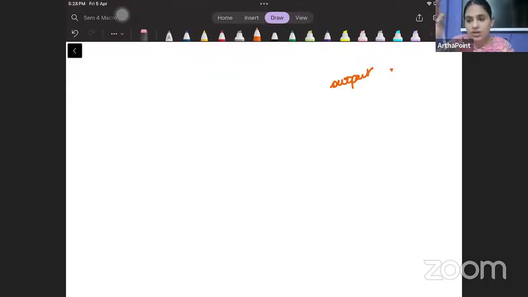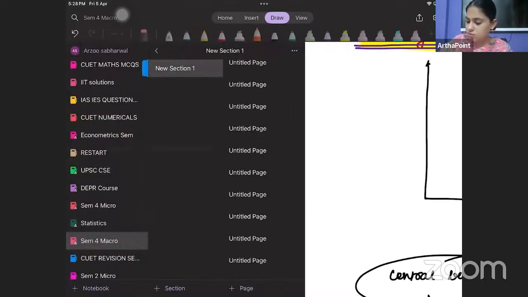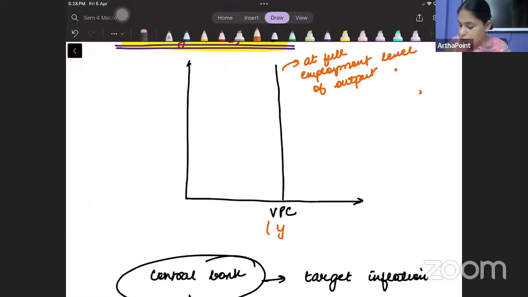So we are drawing a vertical Phillips curve. The vertical Phillips curve always represents a long run situation. And whenever we talk about the long run situation, we will always be at the full employment level of output, the full equilibrium level of output. So here y is equal to y bar.